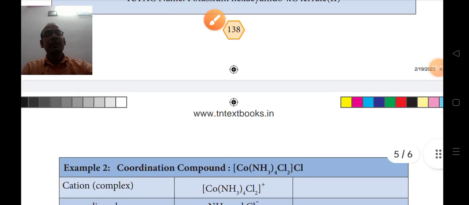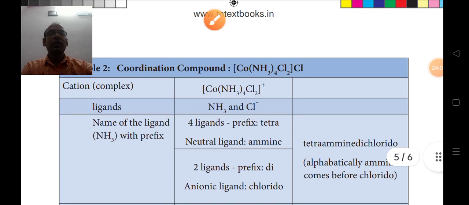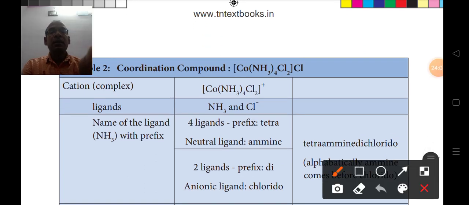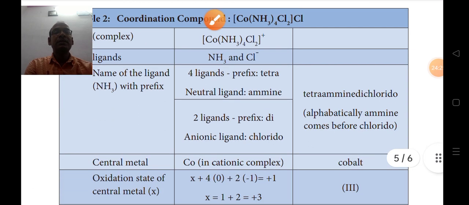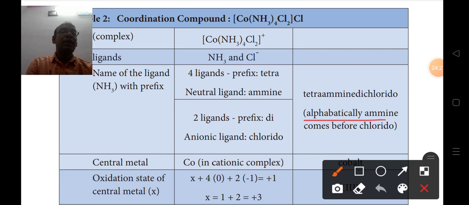Example 2, a cationic complex. In the complex, the first name is the ligand. In this case, 2 ligands, NH3 and Cl. If more than one kind of ligand is present, use alphabetical order, that is, alphabetically amine comes before chloride.